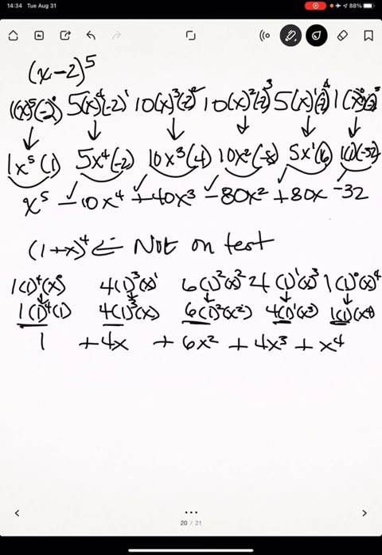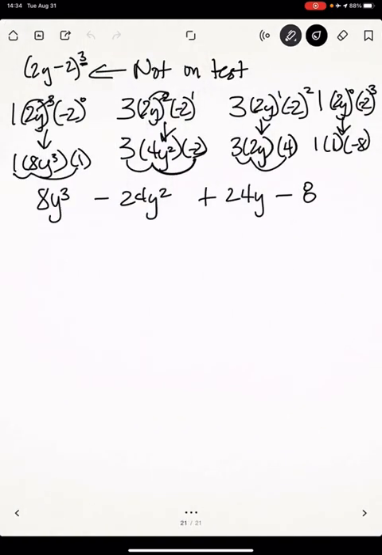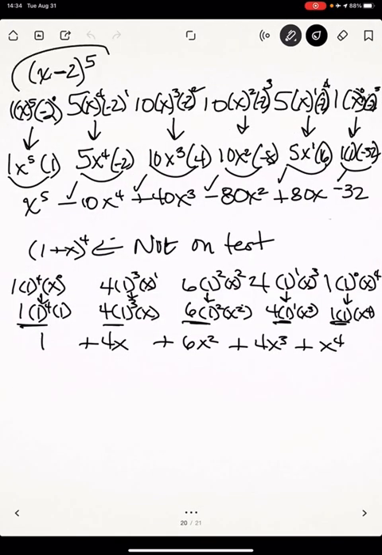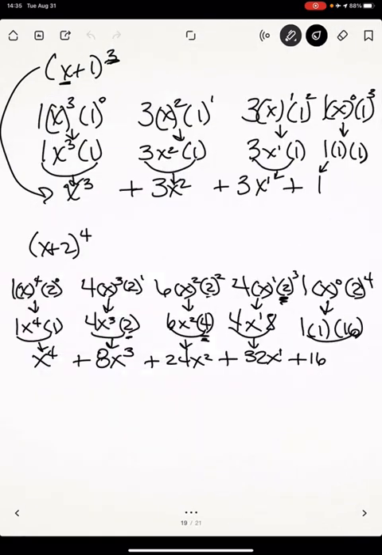I did these problems, guys, as sample problems, so that if you're taking the ACT, SAT, or ASVAB, and you get problems like this on any of those tests, you know how to handle them. But for our purposes, guys, the questions you're going to see on the test are like this one, and like this one, and like this one. Okay? So that's all you're going to have to do.